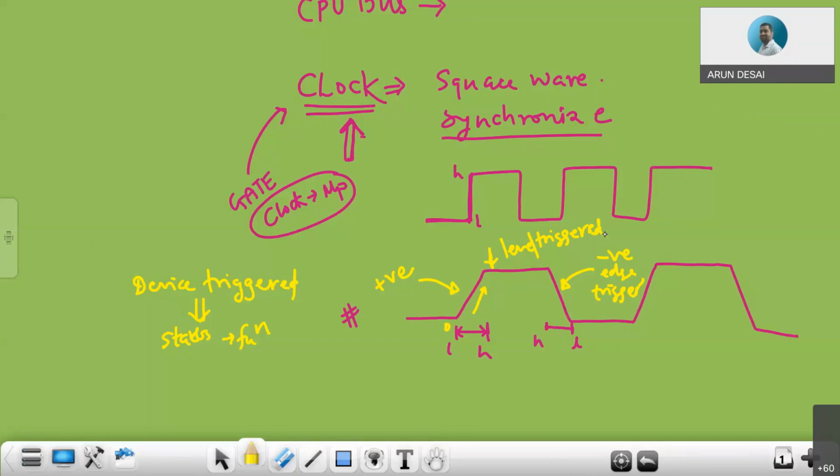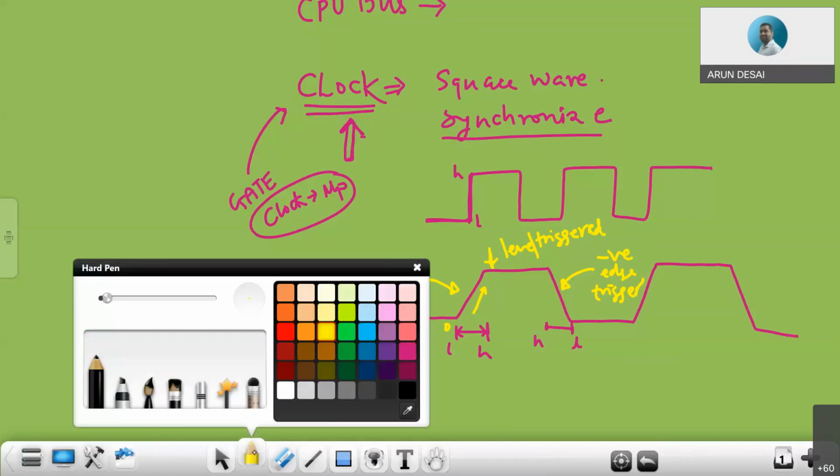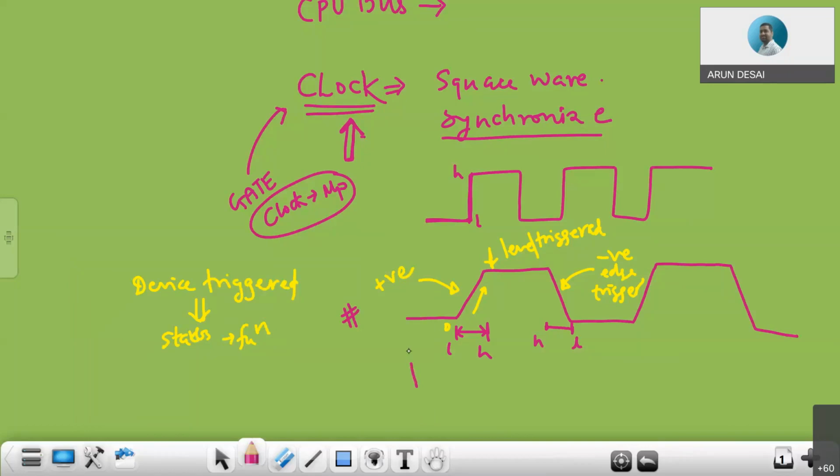So when a device starts functioning based on the clock, that device may be positive edge triggered, negative edge triggered, or level triggered. This is basically called triggering.